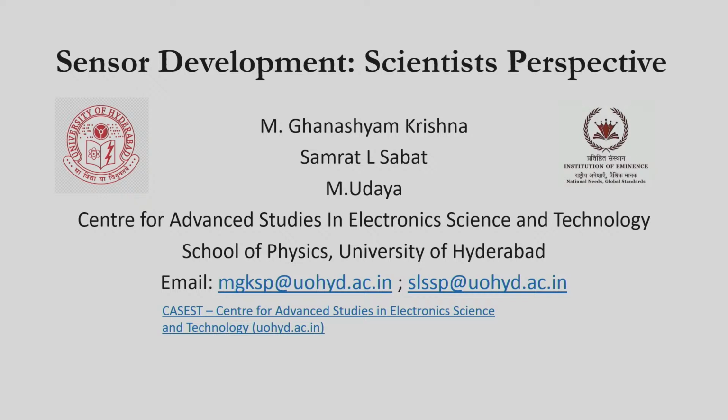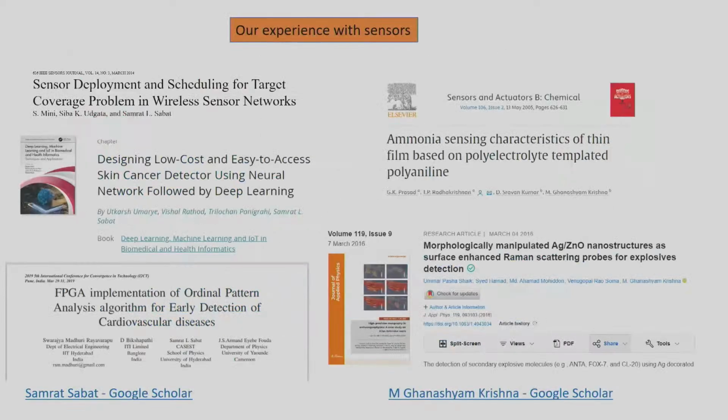My areas of research have been materials engineering, development, nanomaterials, and sensors. And Professor Sabat has been working on signal processing, VLSI design, and things like that for, among other things, sensors. So we have made some sensors.